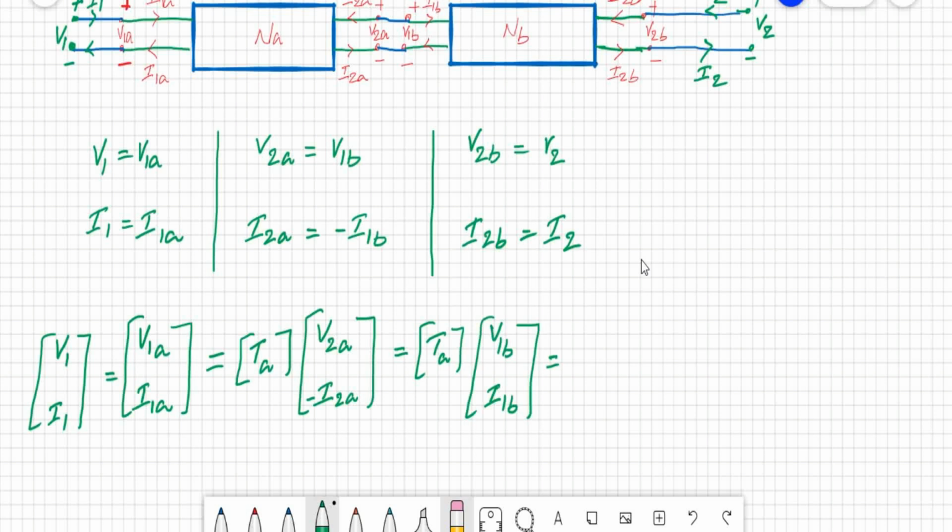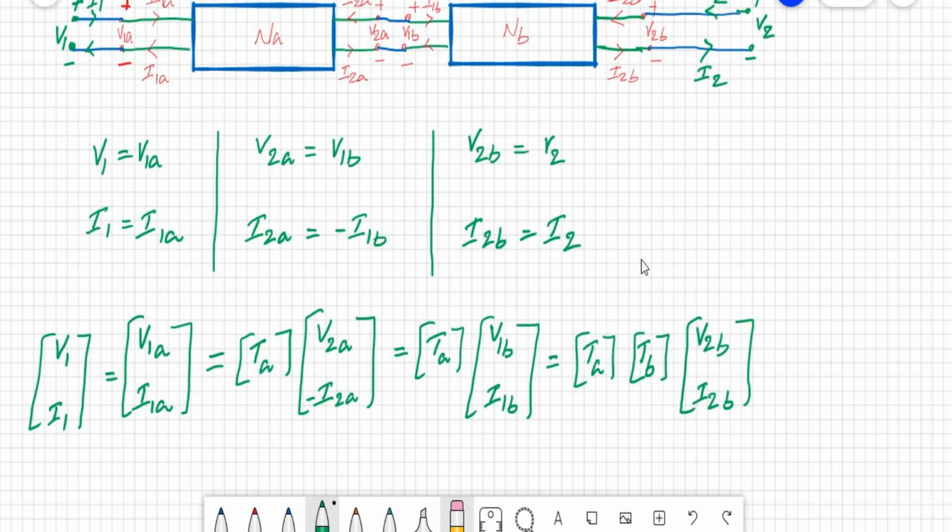Again these two variables are input variables, so you can consider the ABCD parameters. With the ABCD parameter concept, this can be written as TA, and V1B, I1B is TB, which is related to network B, and V2B and minus I2B.